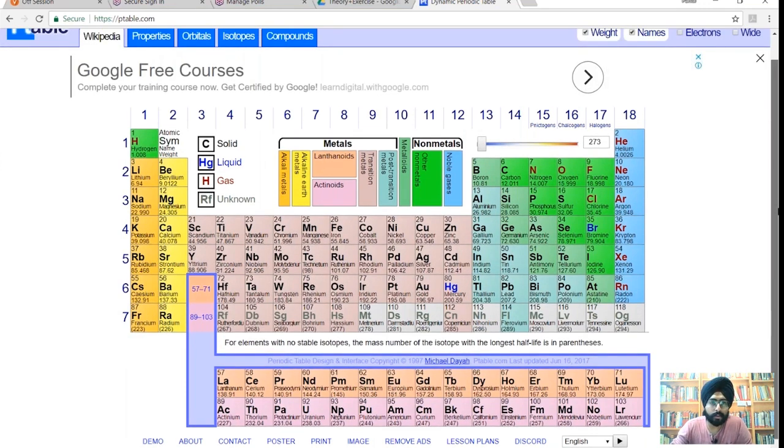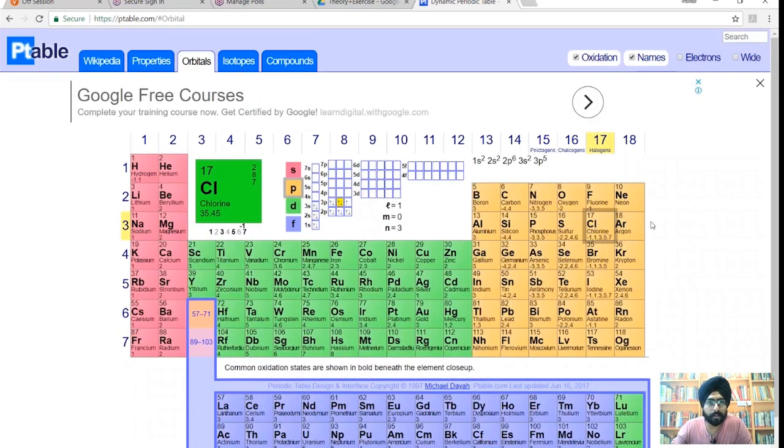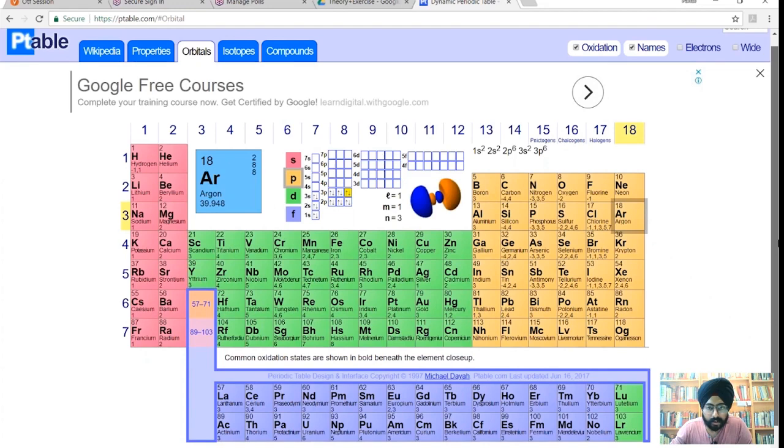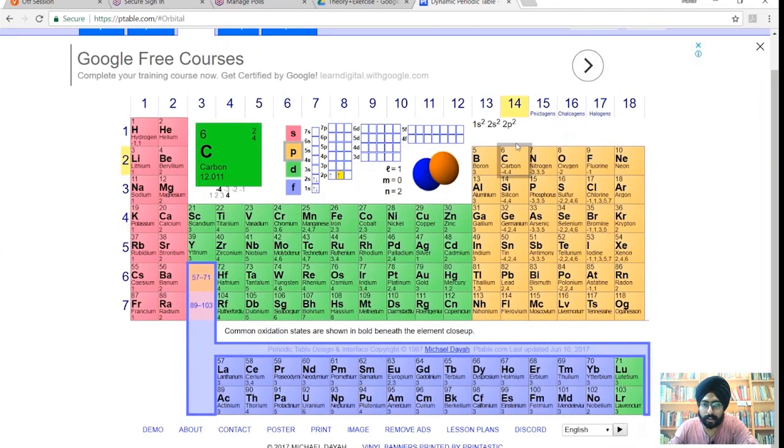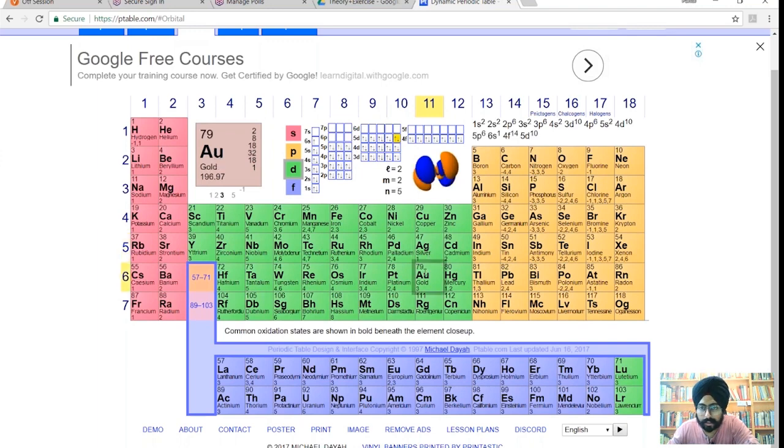Look here, if you click orbitals on this particular website, ptable.com, it tells you exactly how these orbitals are filled, and it gives you the electronic configuration over here. So go ahead and explore after the class. 4s1 3d10, 5s1 4d10, it is even more weird in case of gold.